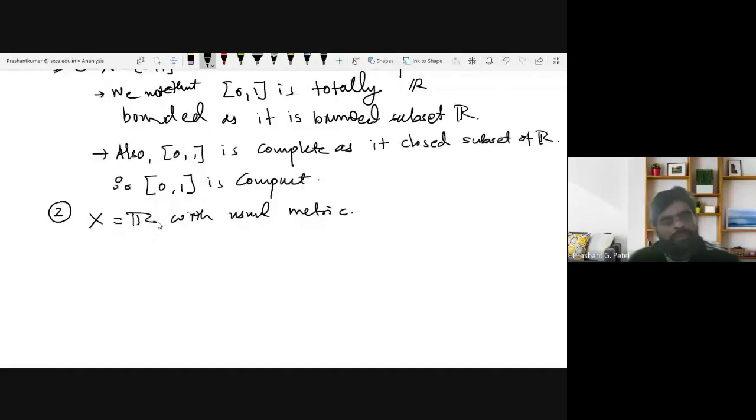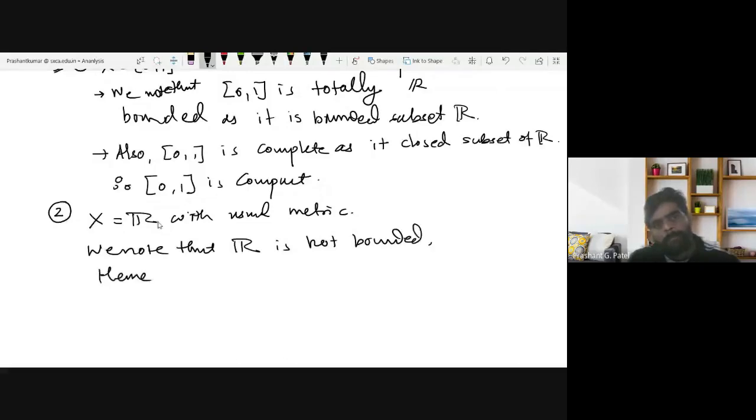Why? Because it is not bounded. So we note that R is not bounded. Hence, it is not totally bounded. And therefore, R is not compact.